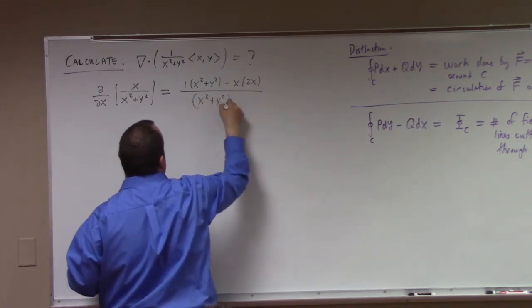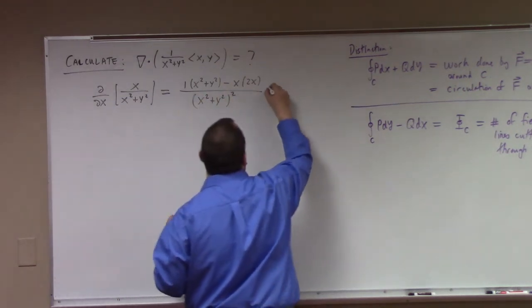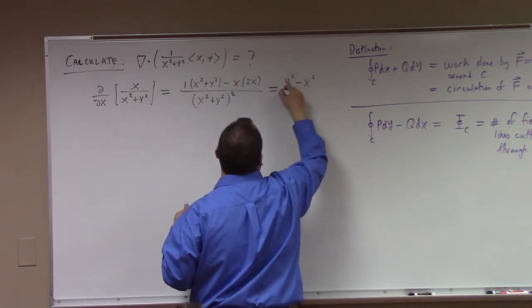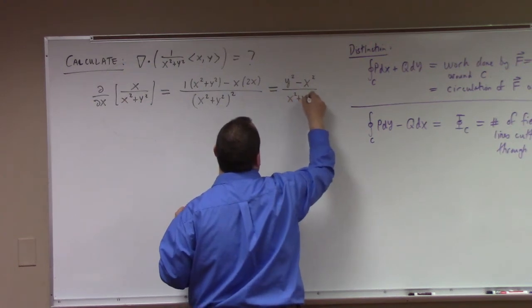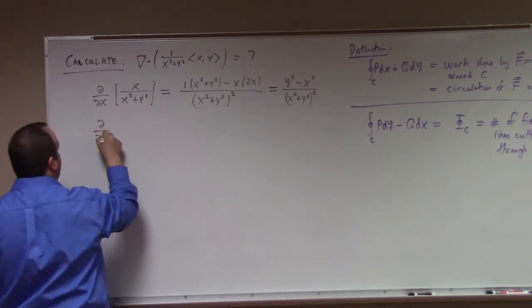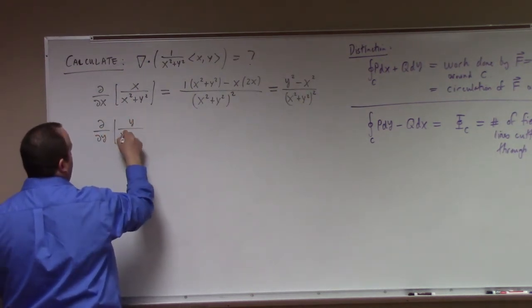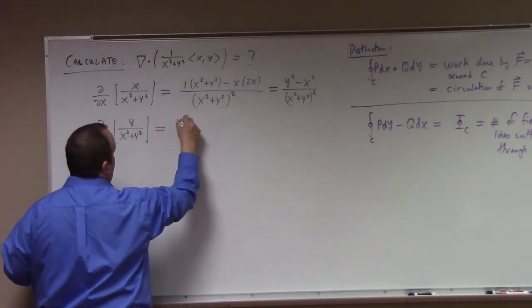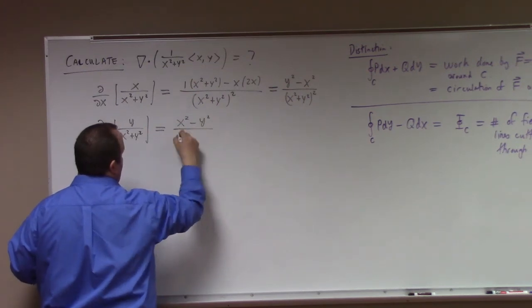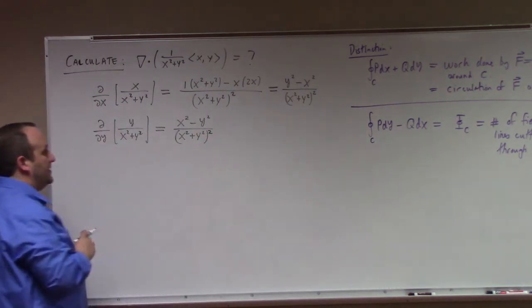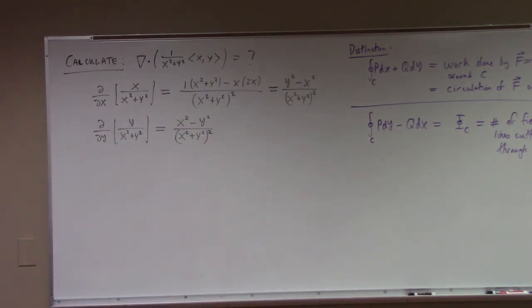So what am I doing? The quotient rule, right? Thankfully, there's a symmetry here, so once I do one, I know what the answer to the other should be, because it's just got x and y with the roles juxtaposed, right?